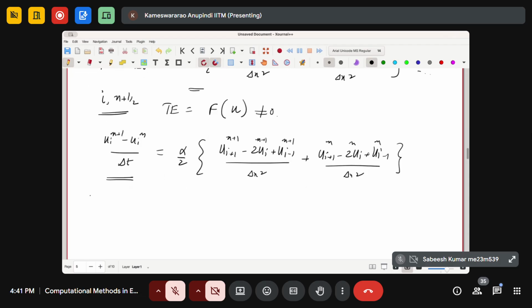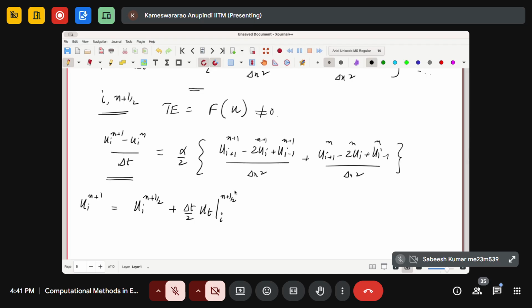Now, let me expand ui n plus 1 about ui n plus half. Now, ui n plus 1 is away from ui n plus half by delta t by 2, right? So this is going to be plus delta t by 2 ut. Okay, when I write ut, we know that this is at i and n plus half.